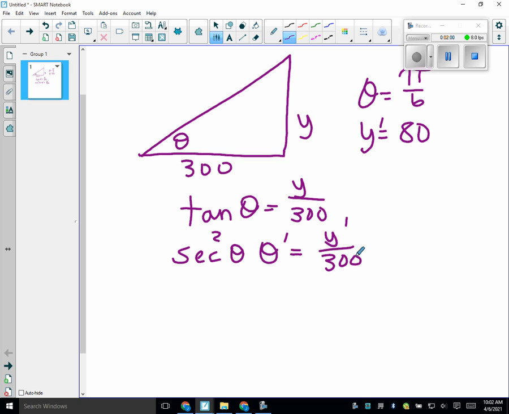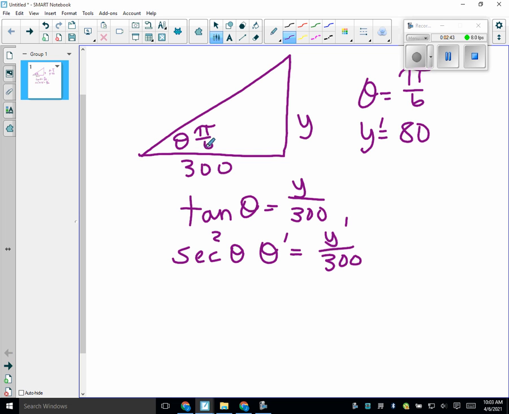I just solved for y. That's exactly what I did, but I didn't get the answer. What you're going to have trouble getting is secant squared, I assume. When I have theta to be pi over 6, don't I know what the sides are?